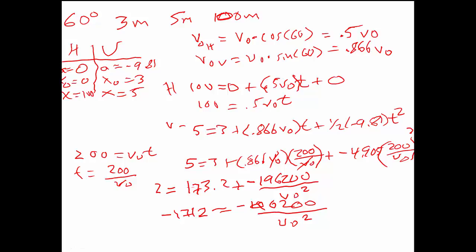I cross multiply and divide. I get v naught squared equals negative 196,200 divided by negative 171.2.